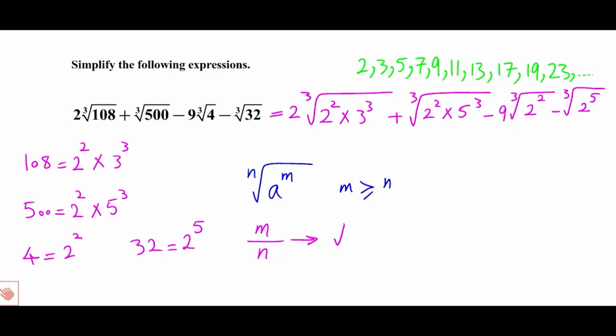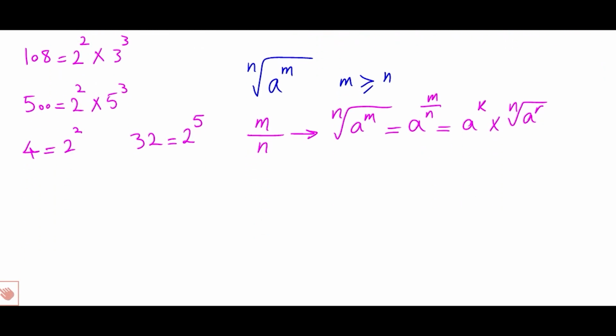It means the nth root of a to the power of m is equal a to the power of m over n is equal a to the power of k times the nth root of a to the power of r. k is the quotient of m over n, and r is the remainder.